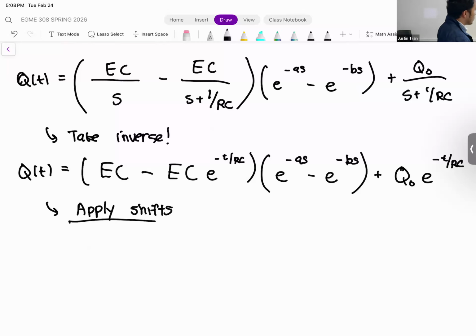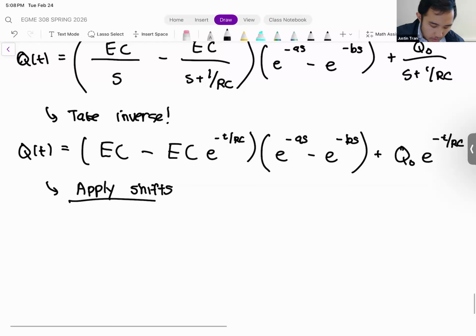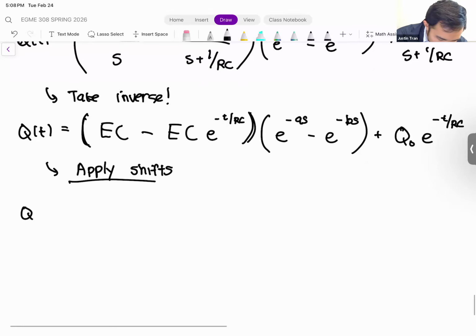Now you have to be careful here because we have technically a FOILed expression here, right? So first term here. So let me actually do that first. Right, so we have Q of T is equal to EC minus EC E to the minus T over RC.